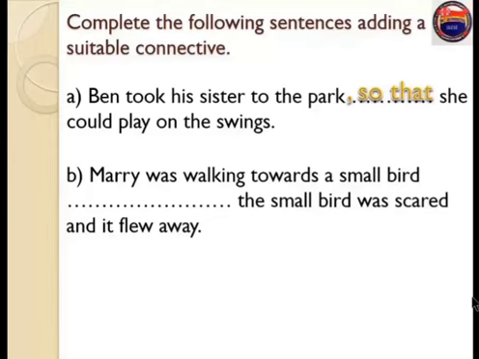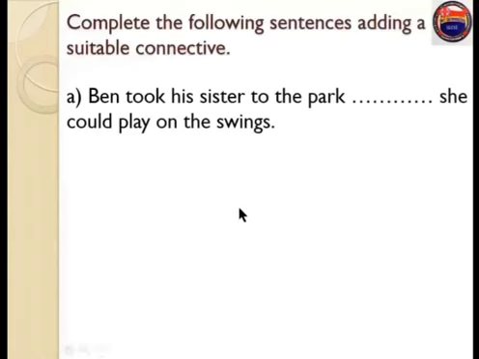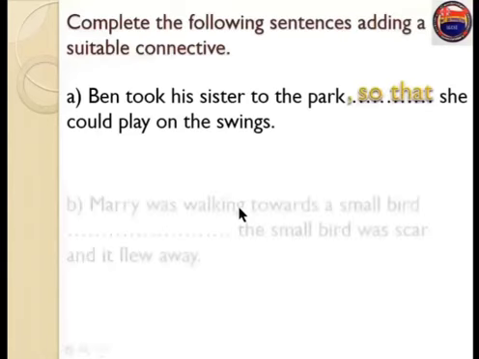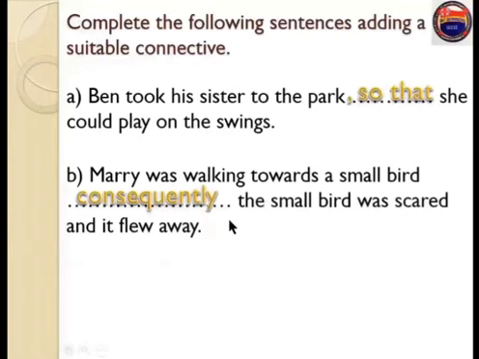Consequently, the small bird was scared. Yes, very good. So you can use consequently. Thank you, Farida, very much. So you can say, Mary was walking towards a small bird. Consequently, the small bird was scared and it flew away. And here, consequently means as a result.